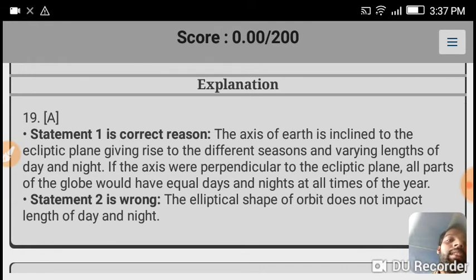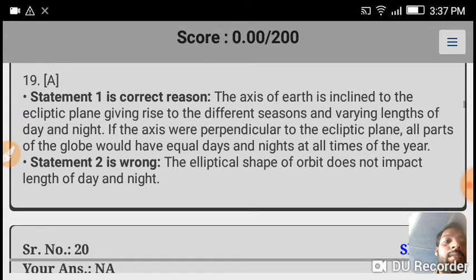The axis of the Earth is inclined to the elliptic plane, giving rise to the different seasons and varying lengths of day and night. If the axis were perpendicular to the elliptic plane, all parts of the globe would have equal day and night at all times of the year.